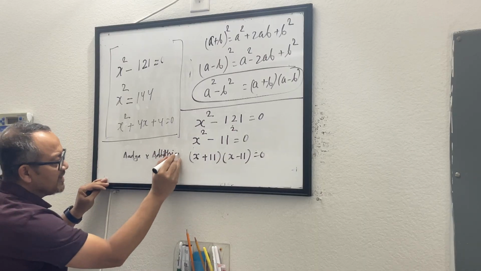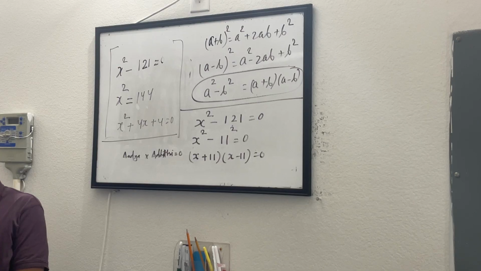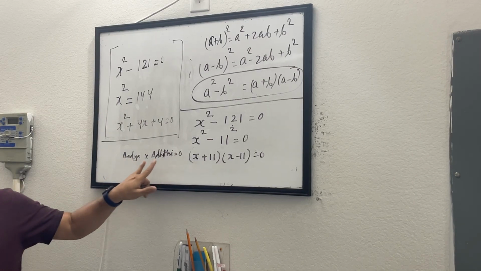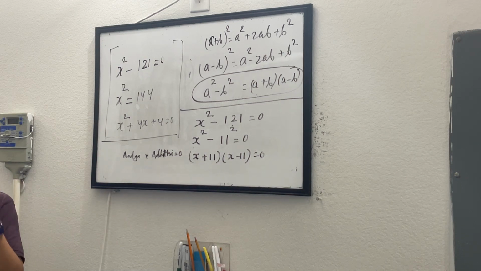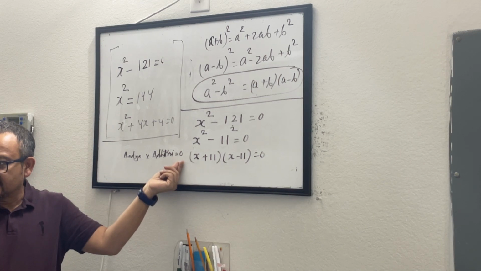Okay? If I am saying Adya into Aditri is equal to 0, what does it mean to me? Either Adya's value is 0 or Aditri's value is 0. That's the only possibility when I can get a 0. Correct? Yeah?